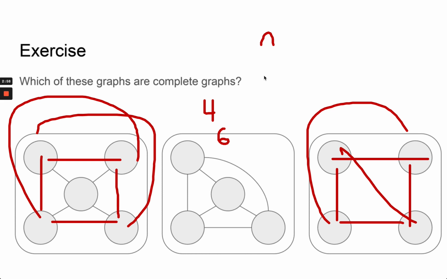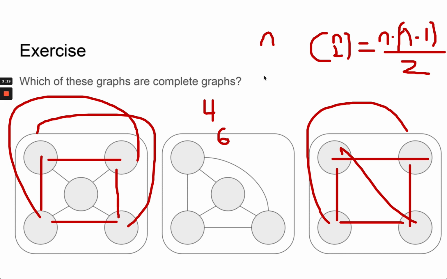So the way that's written in math is n choose 2. And what that works out formula-wise is n times n minus 1 over 2. So for example, for the 4 case, 4 times 3 over 2 is 6.